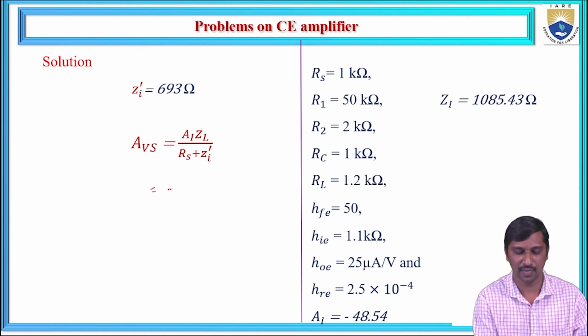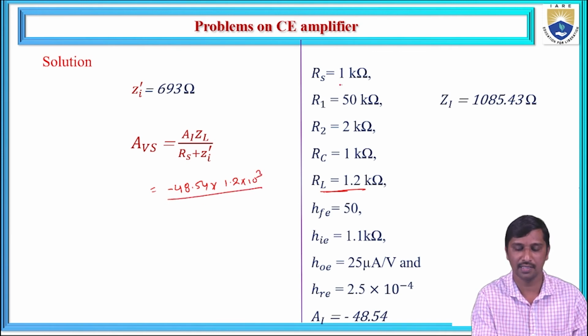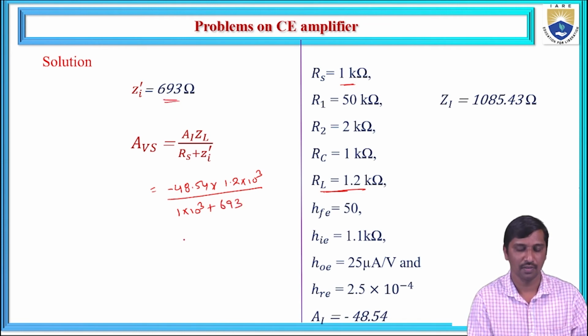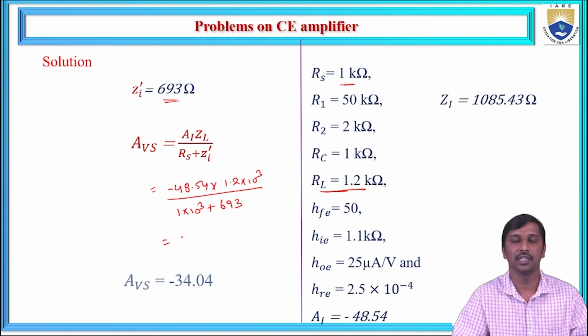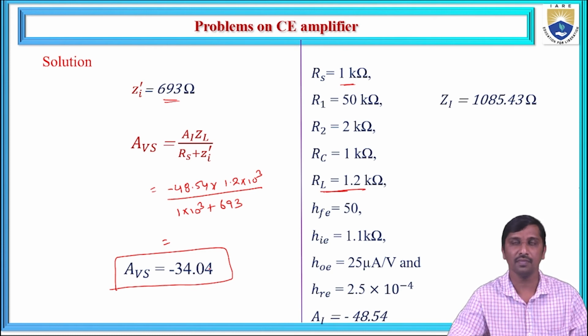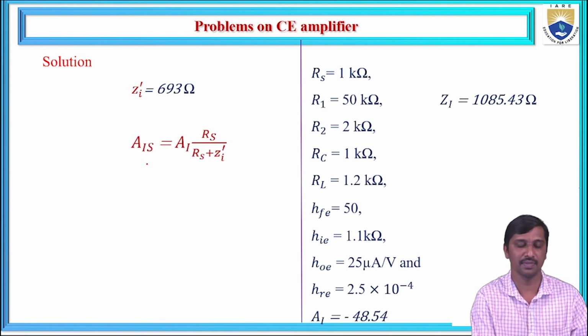AA is minus 48.54, ZL means RL, that is 1.2 kilo ohms, divided by RS, which is 1 kilo ohm, 1 into 10 power 3, plus ZI dash, 693 ohms. If we solve this ratio, it gives the voltage gain with respect to source resistance as minus 34.04.